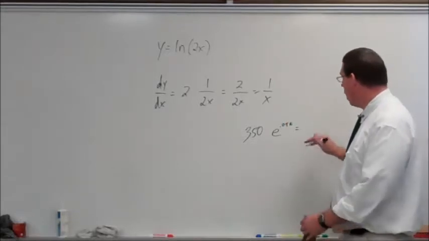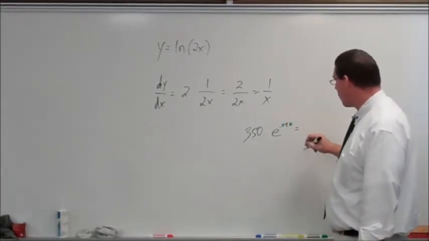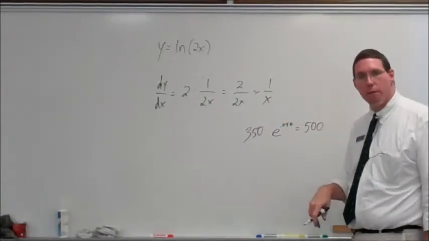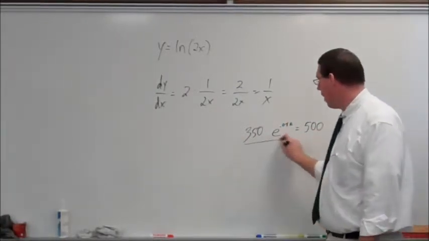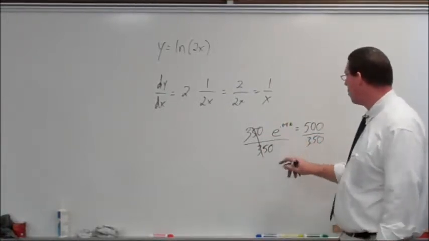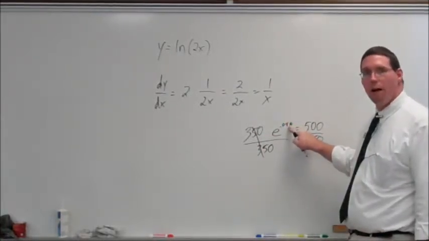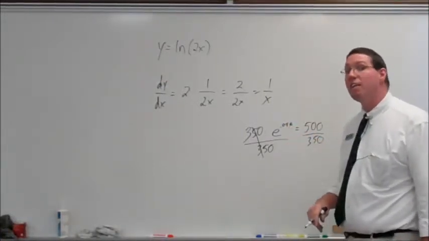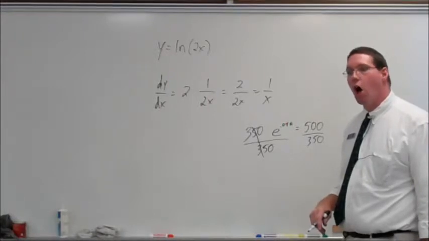Well, if we want to answer for t, how long it will be until there are 500 million, we would divide by 350 here and here. Now how are we going to undo this? We are going to apply the inverse of e, which is the natural log.